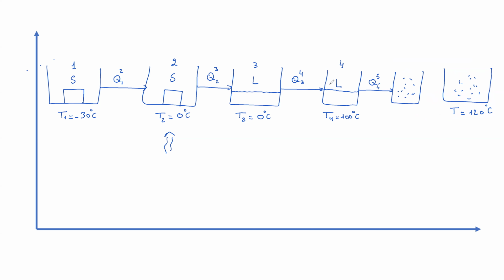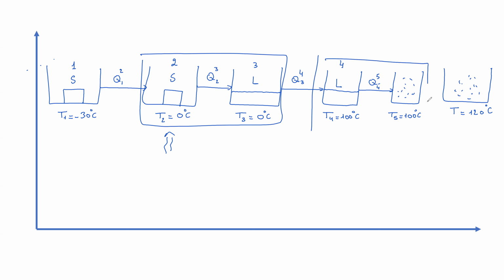You know, in the case where we have a phase change, the temperature doesn't change. In this case, we pass from solid to liquid, and here we pass from liquid to vapor, to steam. So the temperature is constant in these two cases.